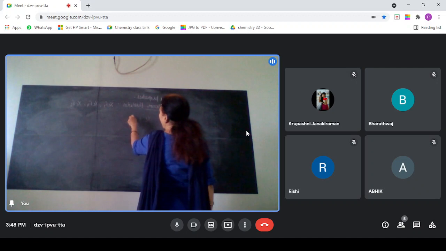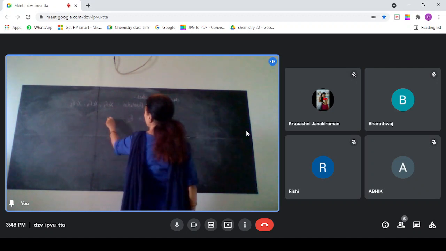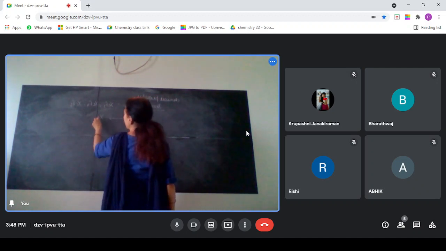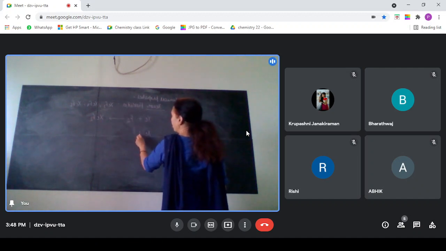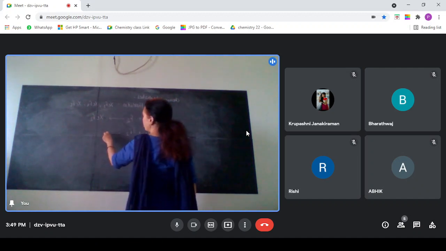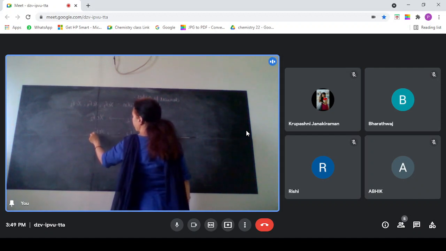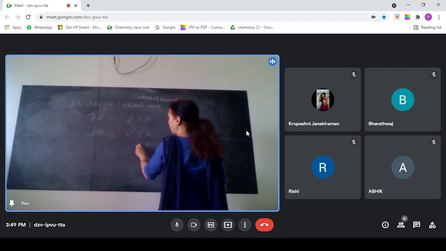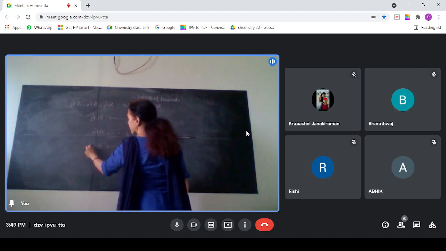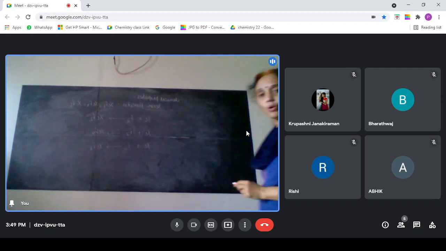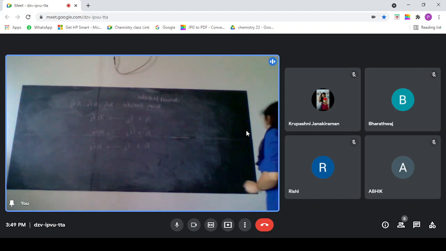So xenon will react with fluorine. First listen to me and then you can write it. Xenon plus F2 giving XeF2. Xenon plus F2 giving XeF4. Xenon plus F2 giving XeF6.